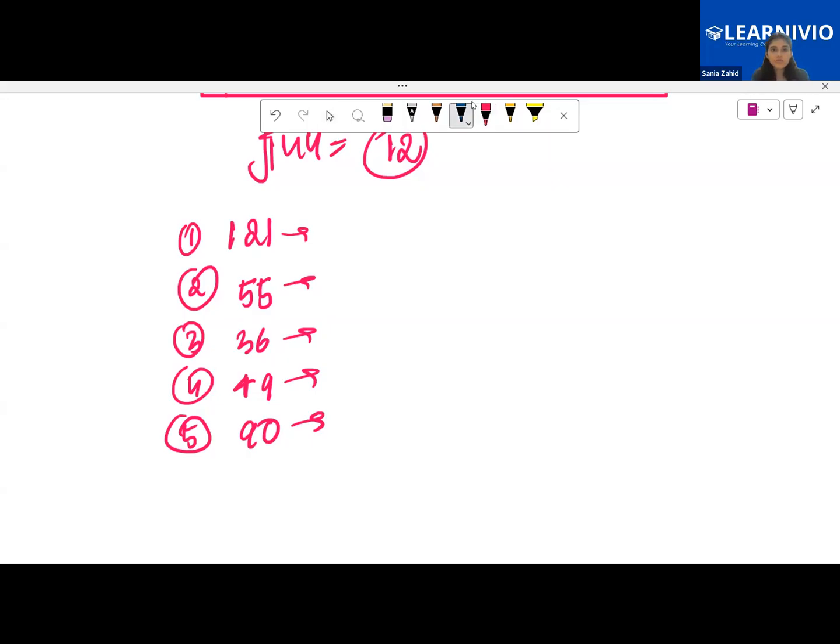Okay, so have you both done? Yes, I guess. Okay, so let's discuss the first one. Ma'am, root 121 is equal to 11. Okay, correct. Then next.